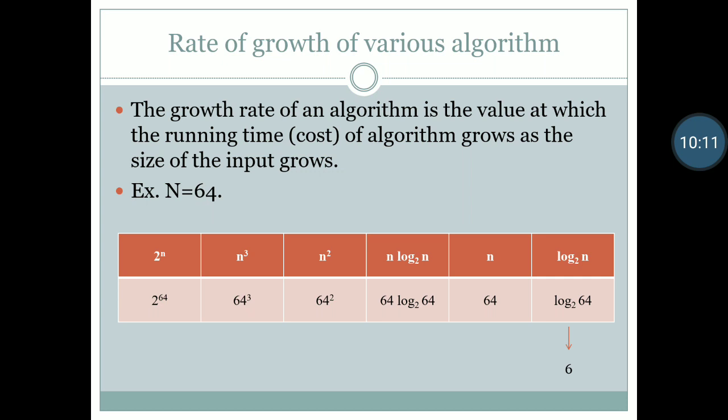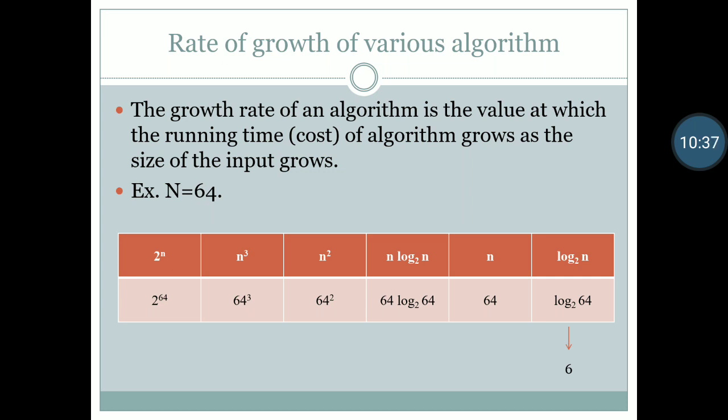For the first algorithm, the rate of growth is 2 raised to n. For the second algorithm, the rate of growth is n raised to 3. For the third algorithm, n raised to 2. For the fourth algorithm, n log n at base 2. For the fifth algorithm, only n. And for the last algorithm, log n at base 2.